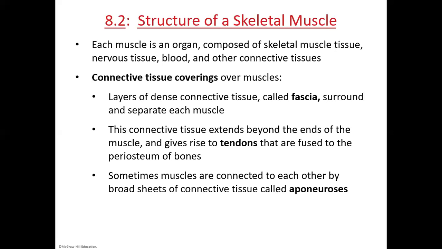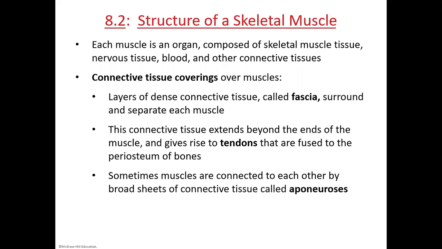So outside of each muscle, it is covered by a connective tissue. And you'll see this around all organs, just like in the last chapter, bones were covered by a periosteum connective tissue. You'll see that again here. So on the very outside, the most superficial part of a muscle, there's a layer of connective tissue.